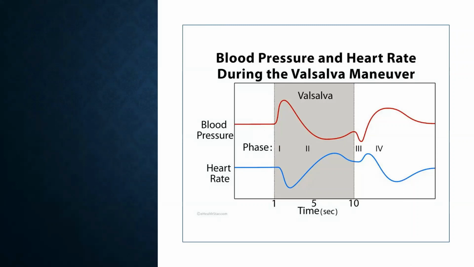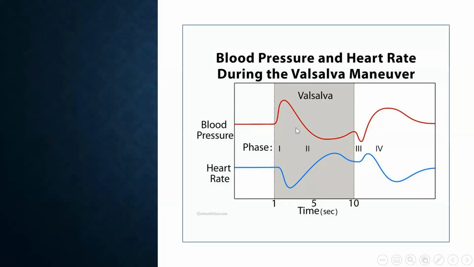That pushes blood initially from the left side to the whole body, so you will find high pressure initially, as you see here. This high blood pressure affects the carotid baroreceptor, leading to a decrease of the heart rate. This is phase 1.